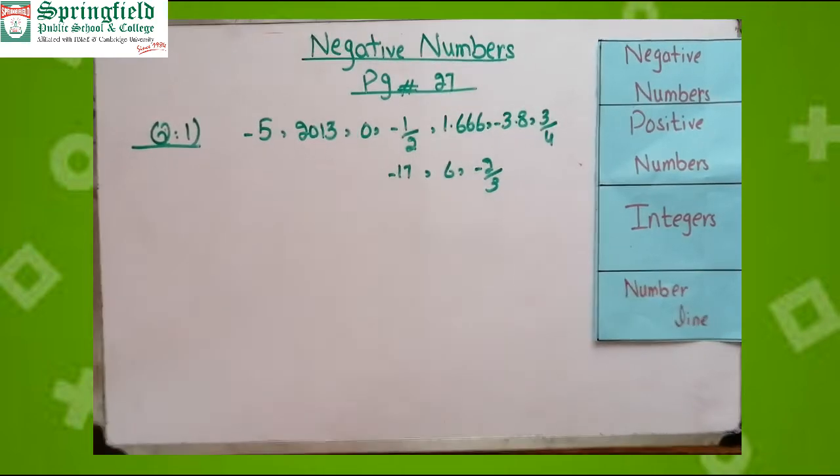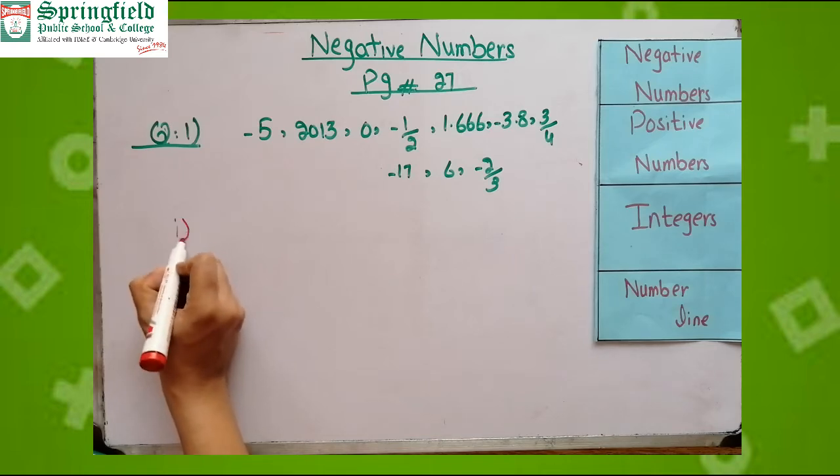So these are the numbers, and they are saying to list, meaning classify, positive integers, negative integers, positive numbers, negative numbers.